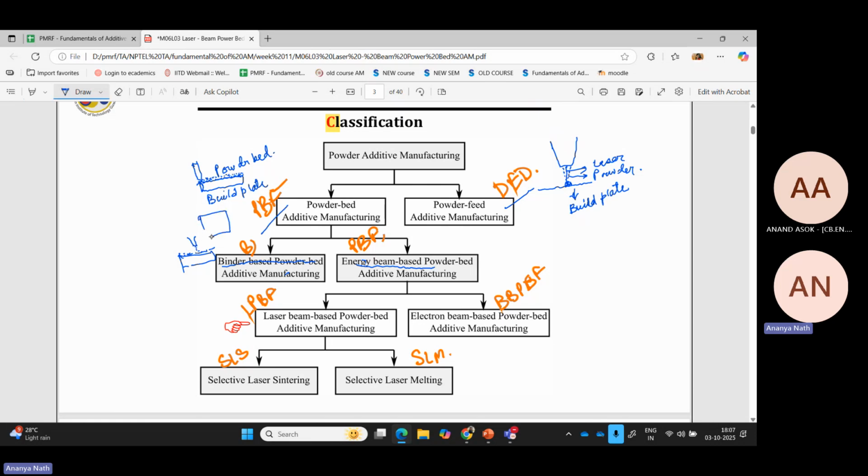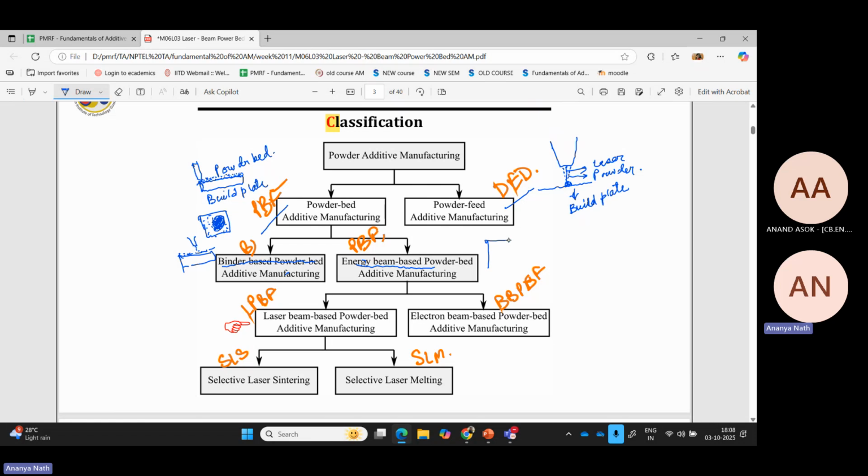If this is my top view and my binder is coming like this, this is the portion where my binder has fallen. So this is my part. The powders are getting bound together because of the adhesive in that zone. So my part will be made on that zone, and in the rest of the build plate, the loose powder will be present as it is. So that is the binder based.